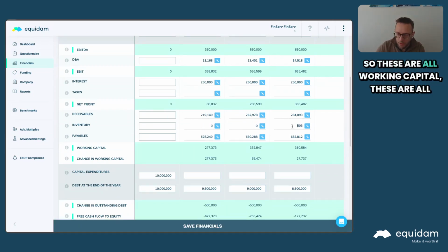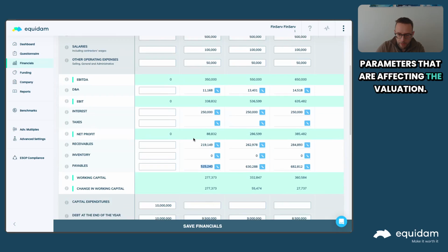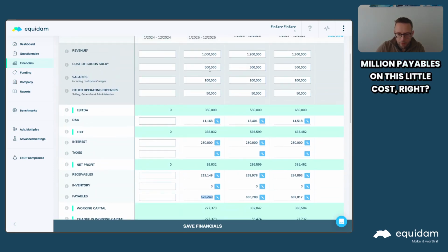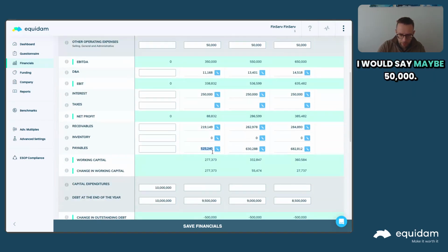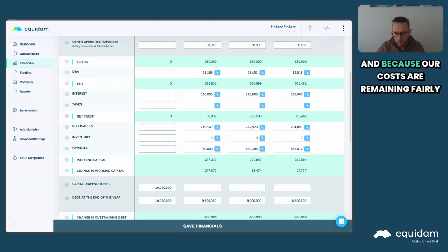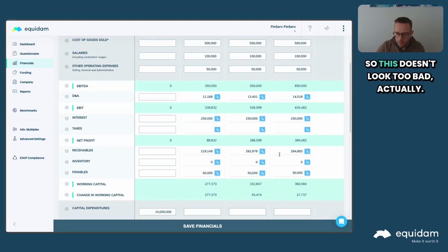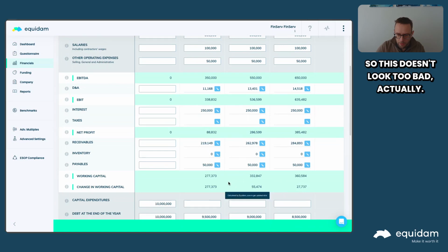These are all working capital parameters that are affecting the valuation. It's very unlikely that we have $500,000 of payables on these little costs, so I would say maybe 50,000. Because our costs remain fairly fixed, our payables remain fairly fixed as well, whereas on the receivables, it's probably a portion of our rent that is receivable. So this doesn't look too bad, actually.